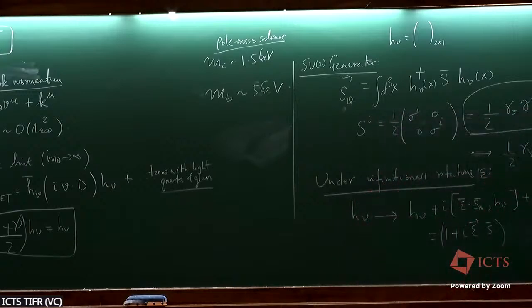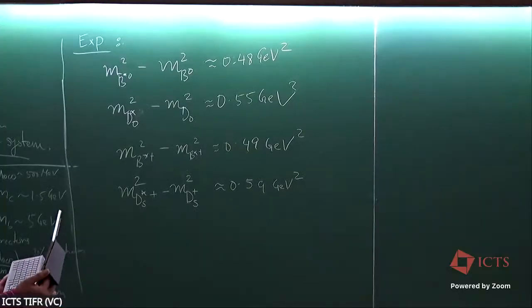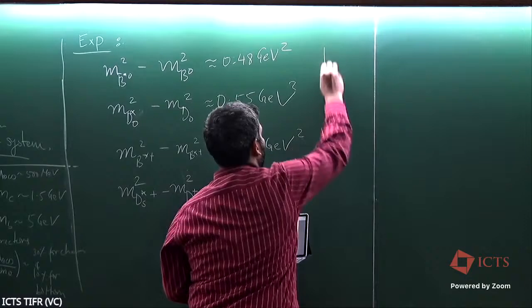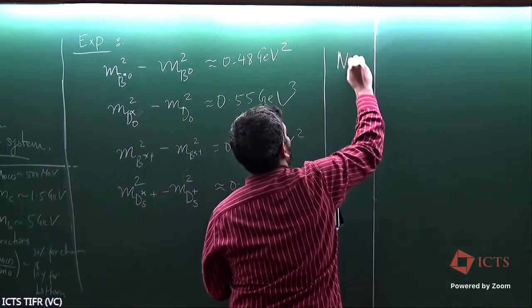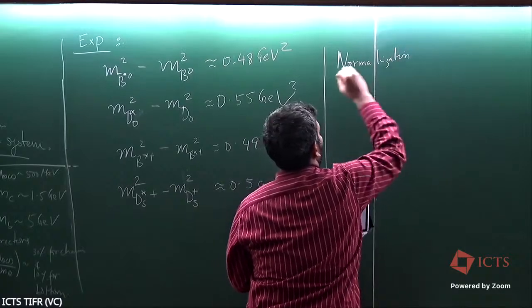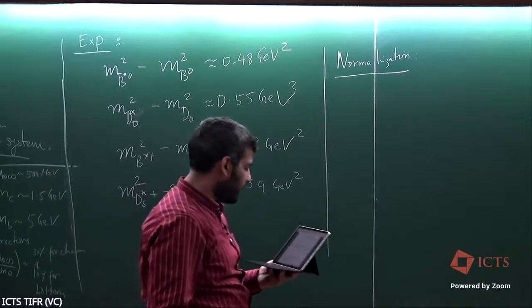So this is what we see from the experiment, which is basically satisfied from the heavy quark spin symmetry. I just want to define the normalization of the states in heavy quark EFT, because we discussed the normalization in the case of the scalar field theory yesterday.